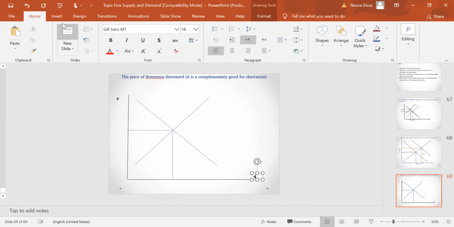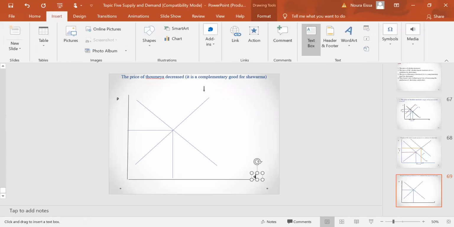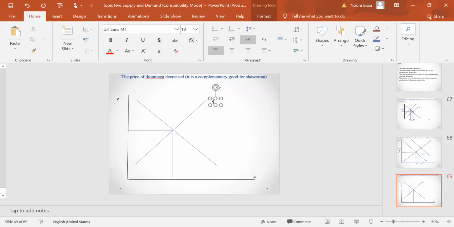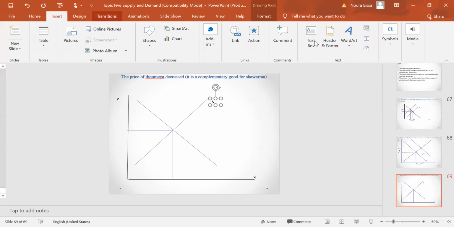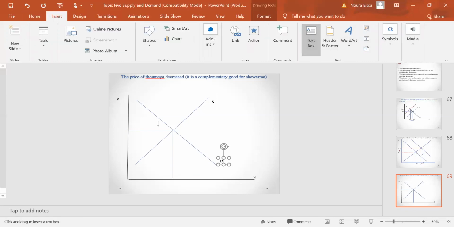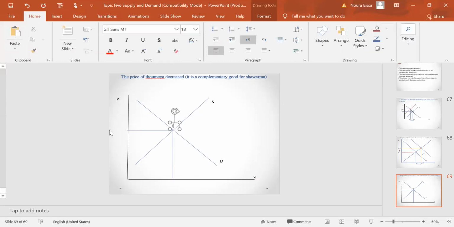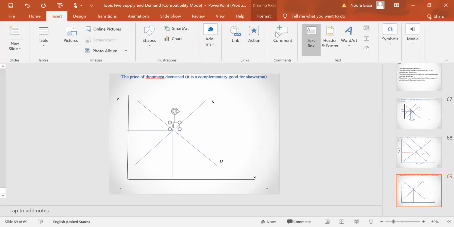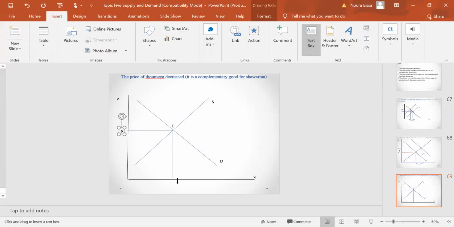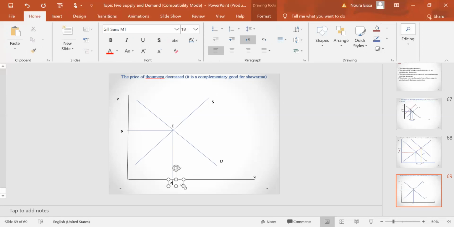This is supply, and this is demand. All right. I also have to show equilibrium price and quantity. All right.